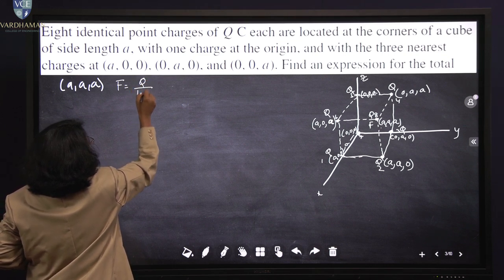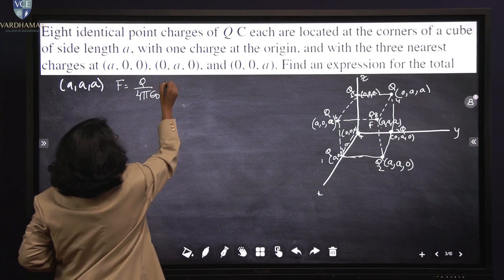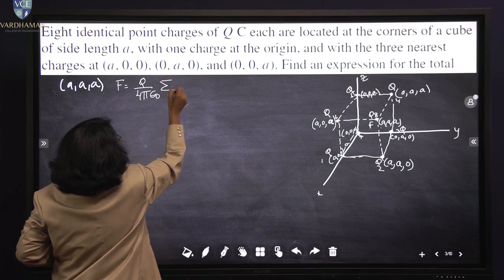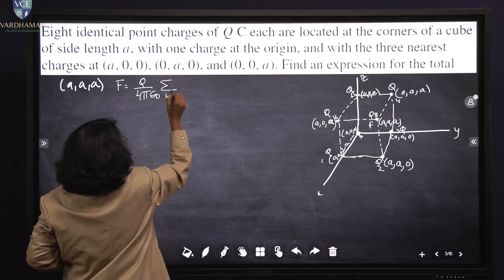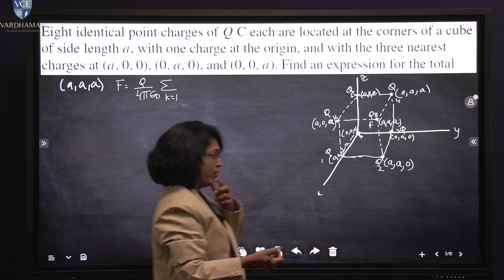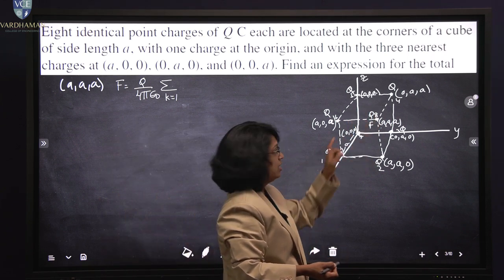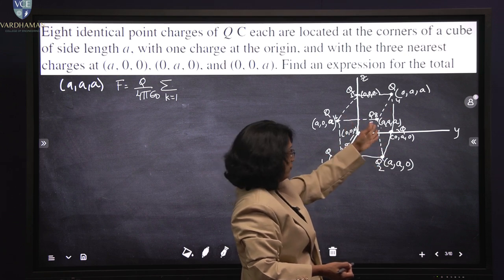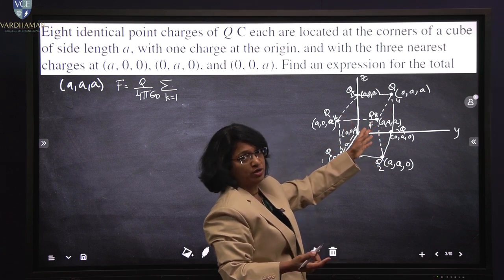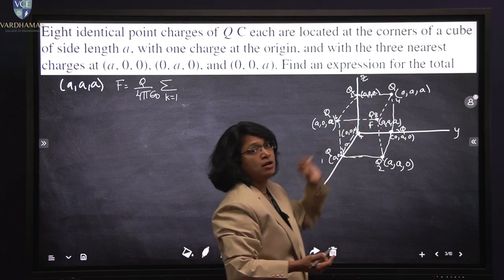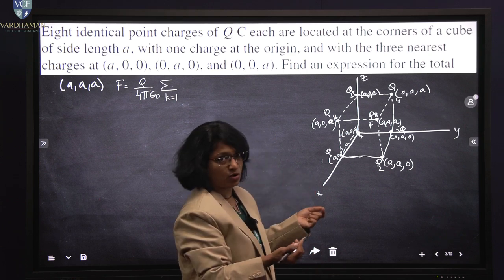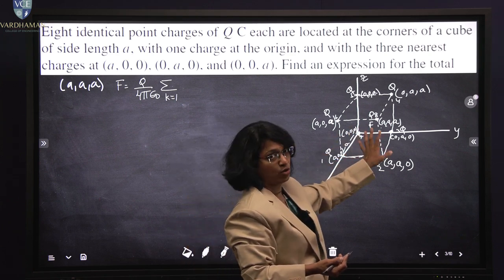Q by 4 pi epsilon naught, summation k is equal to 1 to, how many charges are there, how many sources are there? If you are excluding the point of interest, there are 7. Because the point of interest is one of the corners, the remaining 7 charges are on the remaining corners.